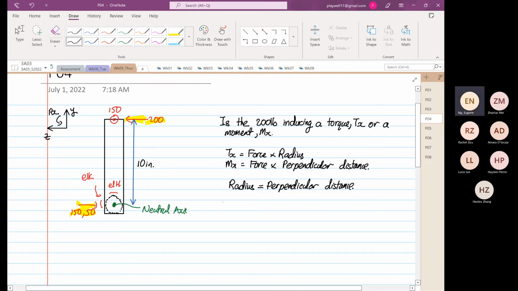So whether it is a torque or moment is dependent on the deformation of the neutral axis.